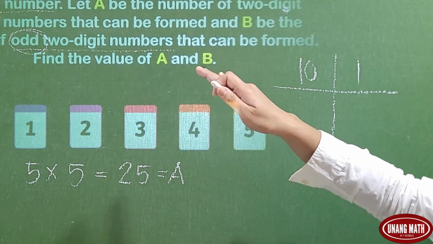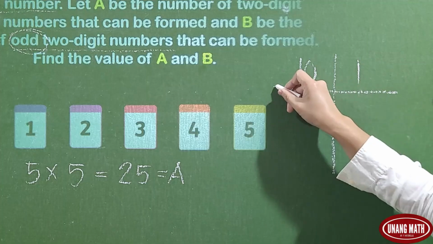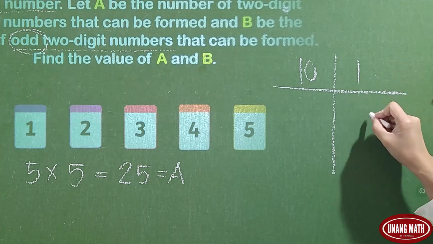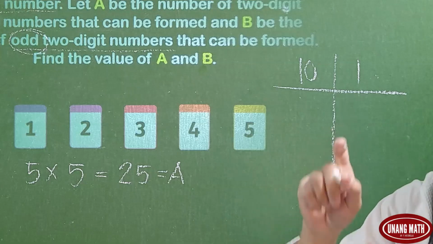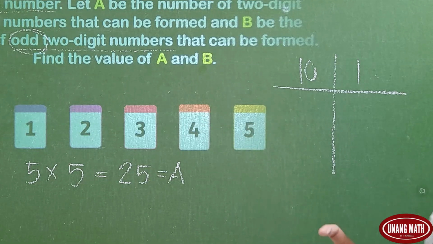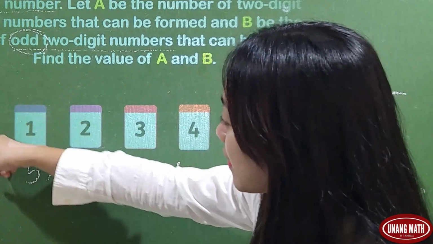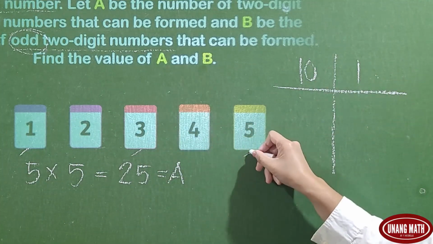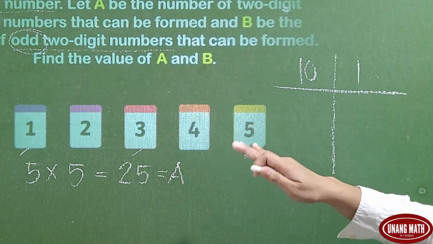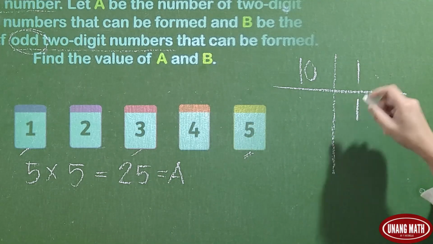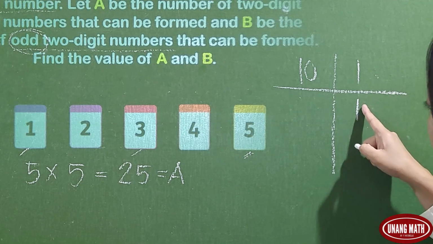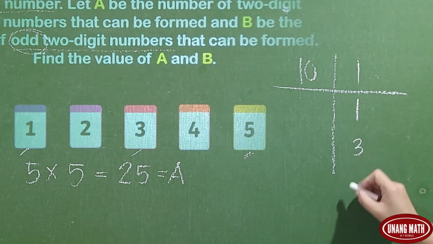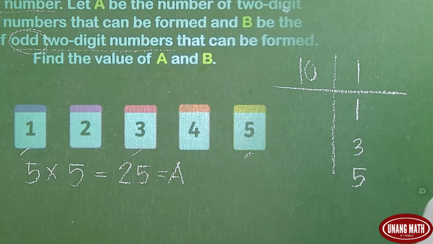So if it's an odd two-digit number, the number in the ones place will decide if the number is odd. So in these 6 number cards, we have 1, 3, and 5. These numbers are odd numbers. So we can use number card 1, 3, and 5 in the ones place. So we have here 3 number cards in the ones place.